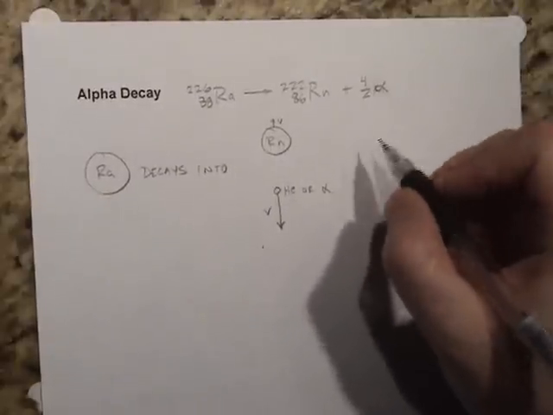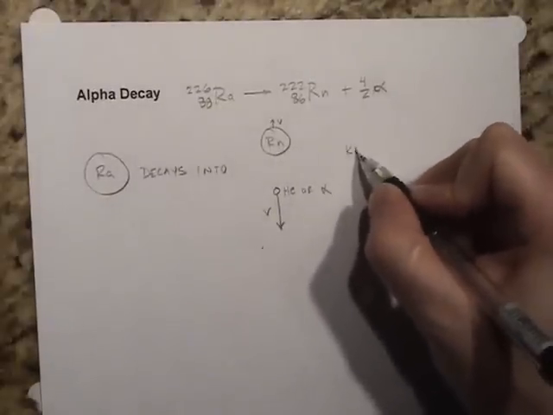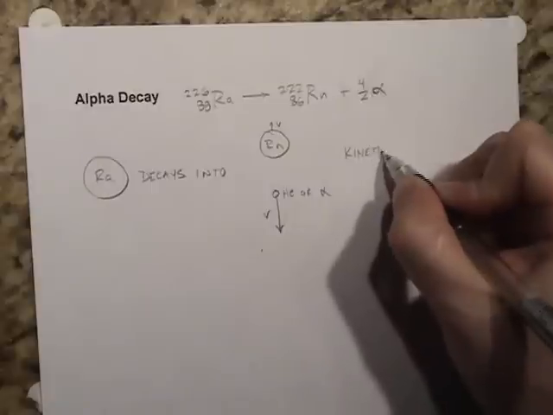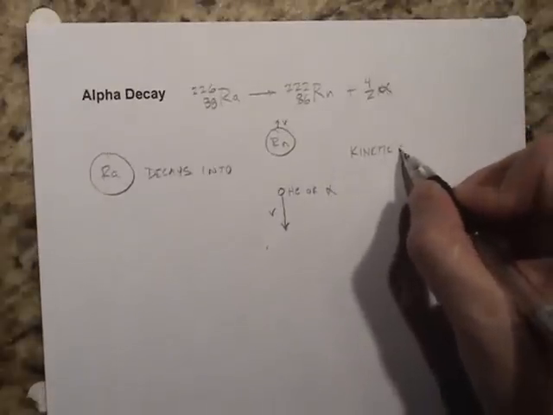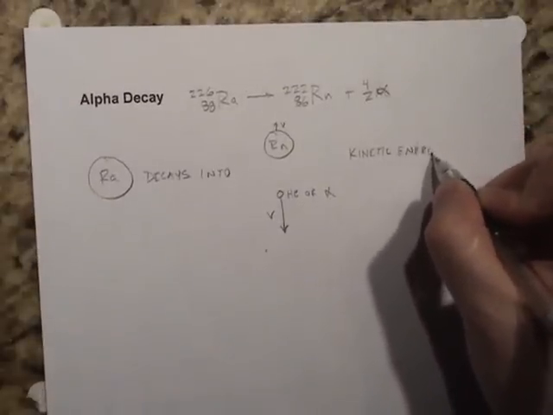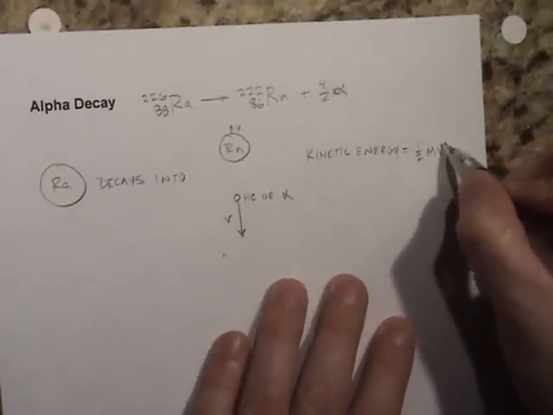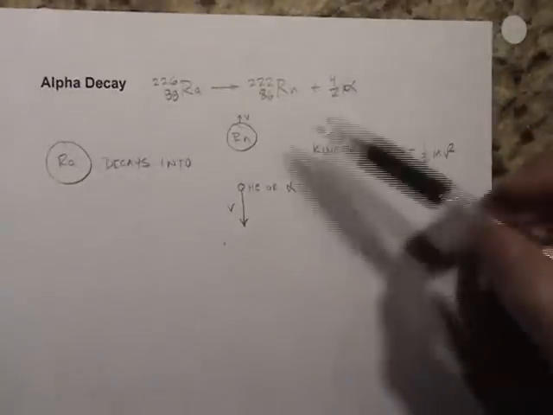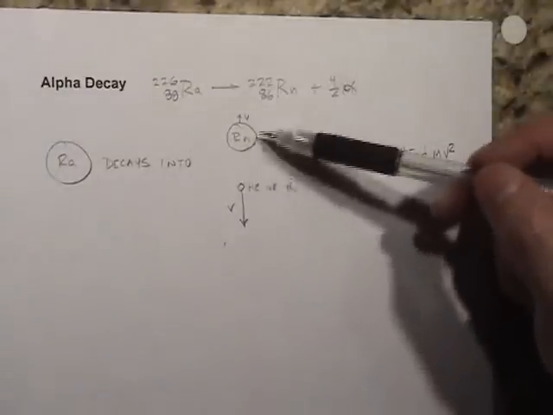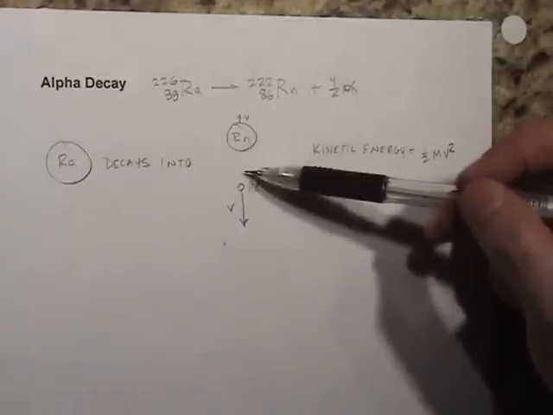Now if you remember, the formula for kinetic energy is a little more complex. Kinetic energy is equal to 1/2 mv squared. So although these two particles will go away with the same amount of momentum, they don't go away with the same amount of energy.